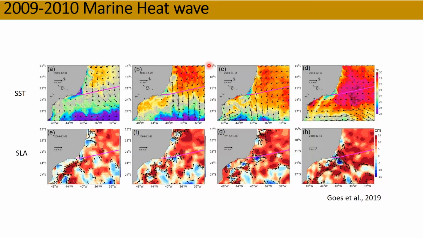By the time of the arrival of the events, we have strong warm anomalies coming, and then a later propagation southward. You also see the effect on the sea level anomalies: a strengthening when these anomalies arrive and propagate south. So it's all due to this propagation, of course, an oceanic mechanism.